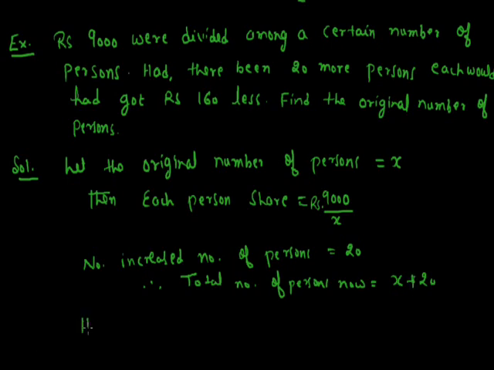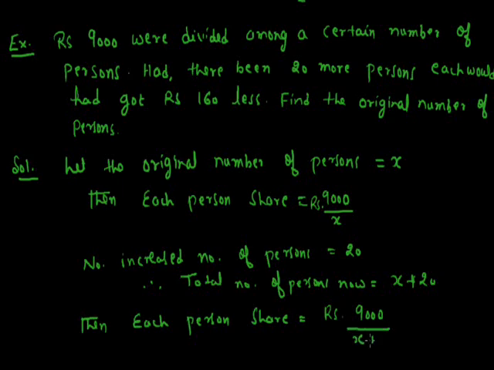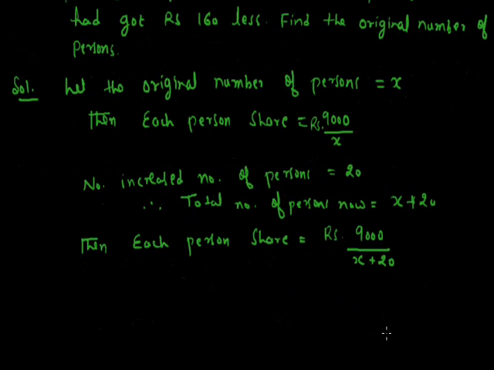Then in this case each person would get rupees 9,000 upon x plus 20. So this is what each person gets.